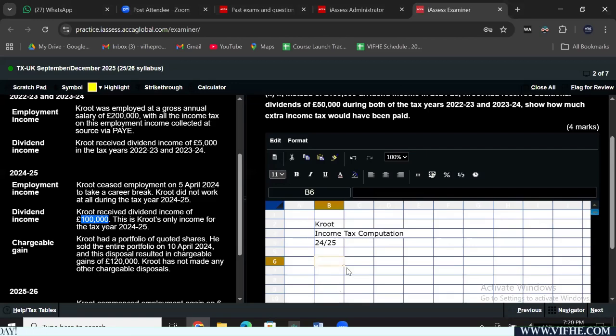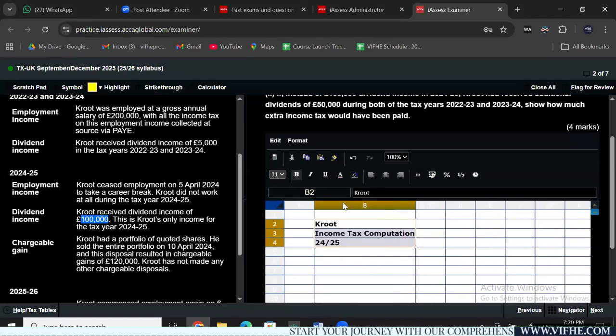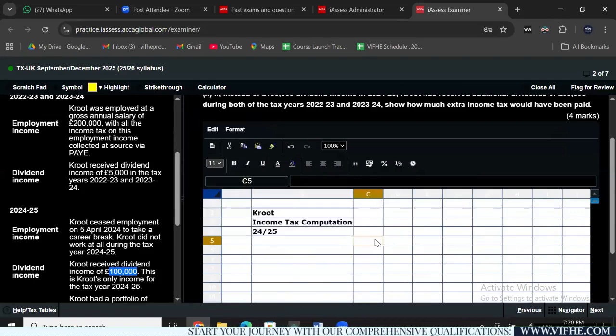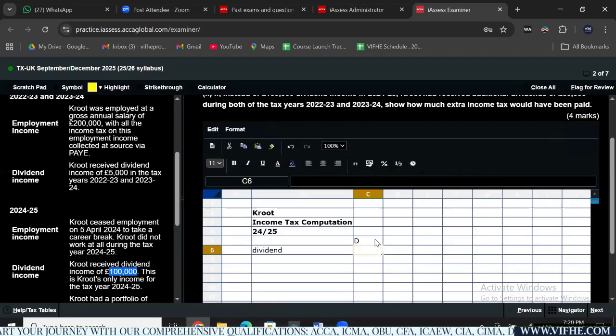Though we have to make three columns, namely non-savings, savings, and dividend, I think there is no need to make either the non-savings column or the savings column, because no such information for the tax year 24-25 is given. It's only the dividend column which is important over here. How much dividend he has received in the tax year 24-25, that is £100,000.